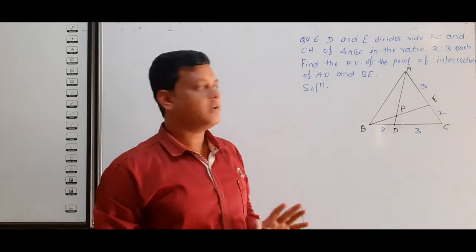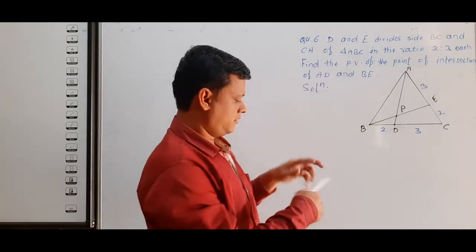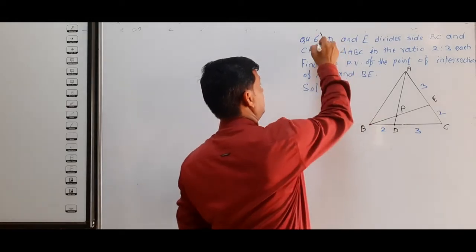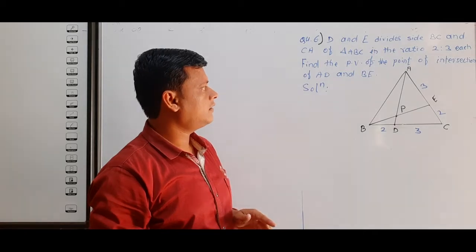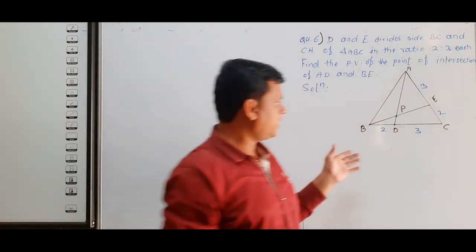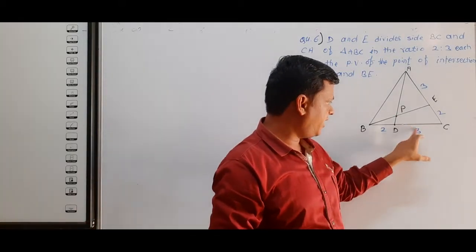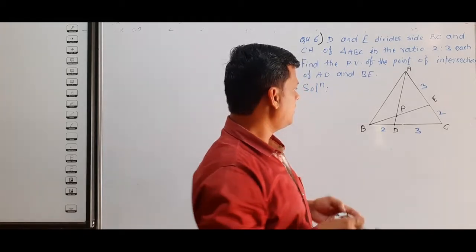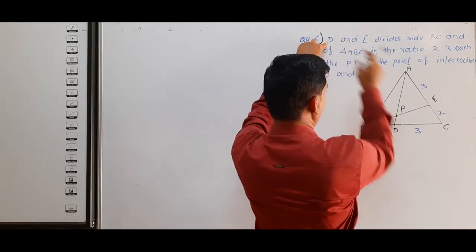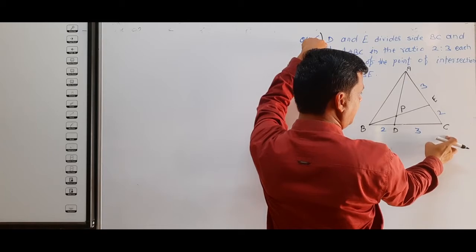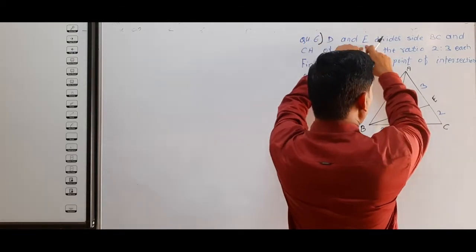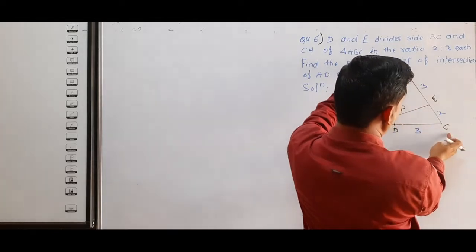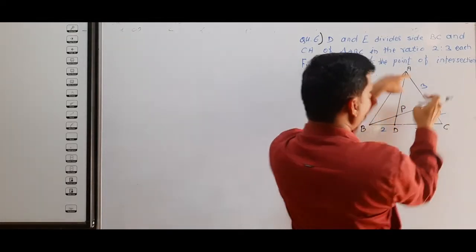First we see what is given and what we have to find, so we look at it diagrammatically. Point D divides side BC in the ratio 2:3. Point E divides CA in the ratio 2:3.